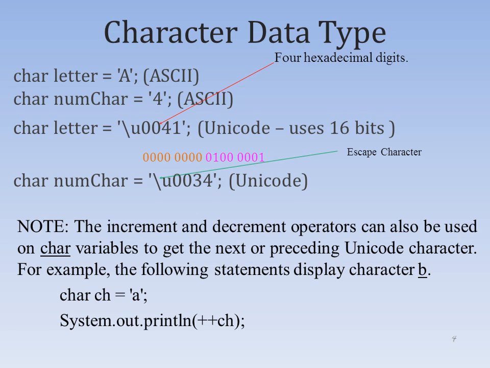So where the ASCII character set could only represent 255 characters because it was 8 bits, the Unicode character set can represent over 65,000, which now says we can represent the Chinese characters. We can represent characters in some of the languages like Spanish or German or French that have special diacritical marks, things like that. Okay.